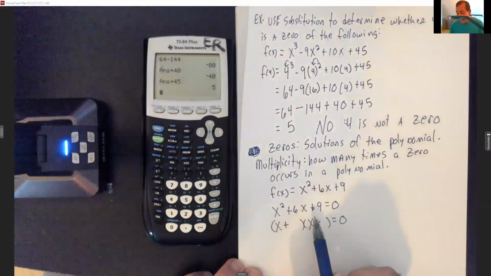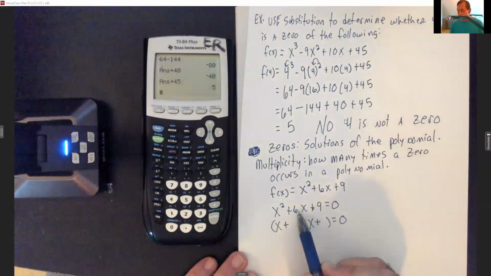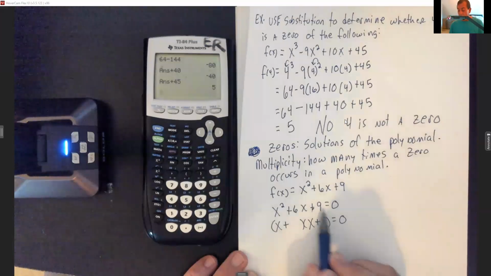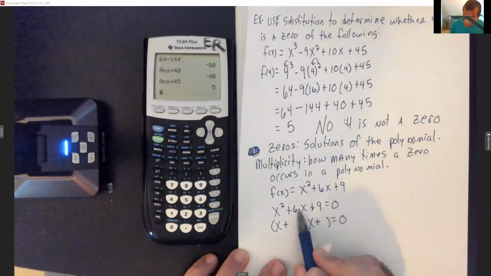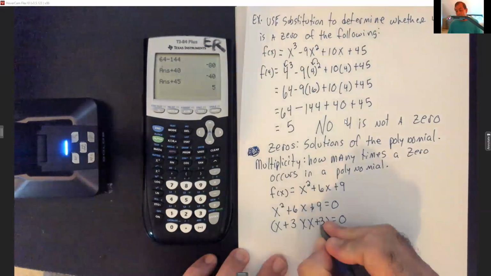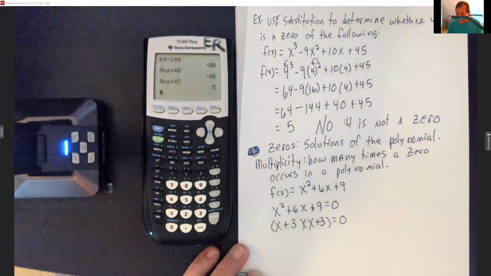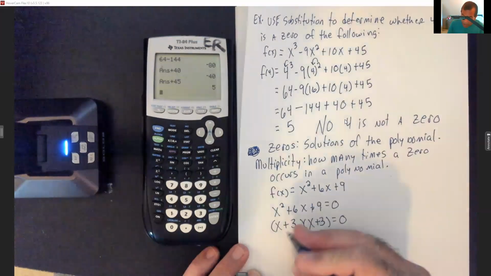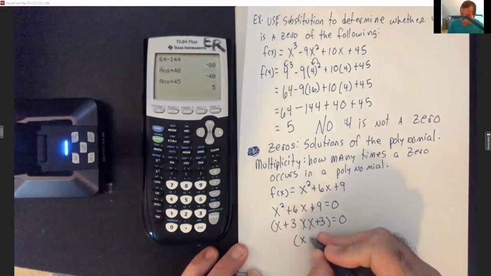And then anytime the last one's positive, you want factors of the last number that add to get the middle number. So factors of 9 are 1 and 9, but those add to get 10. 3 times 3 is 9, and those do add to get 6. So I would put 3 and 3. So if you notice, x plus 3 times x plus 3 could really be written x plus 3 squared.